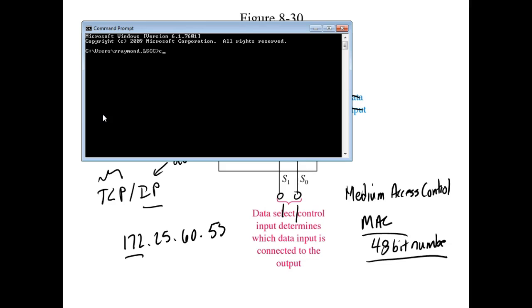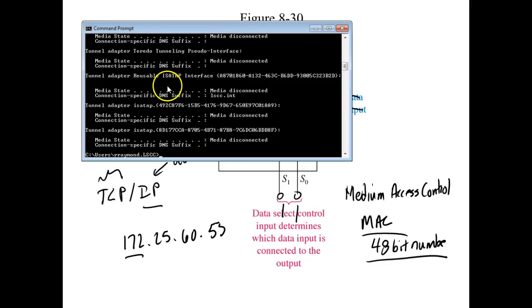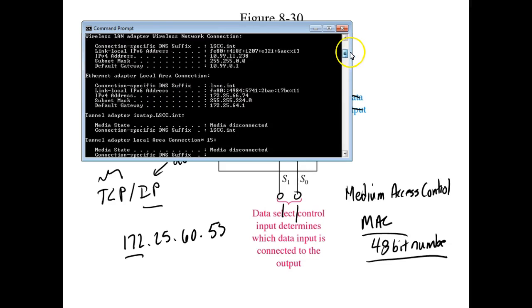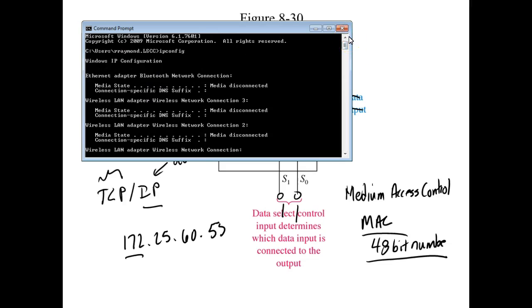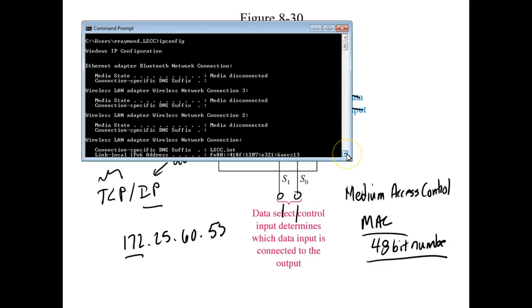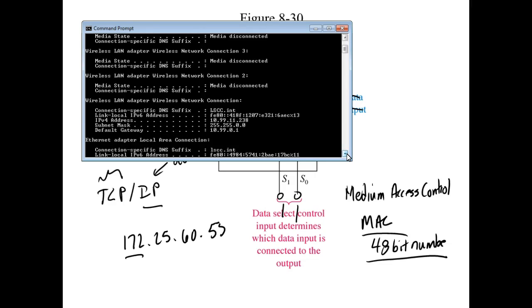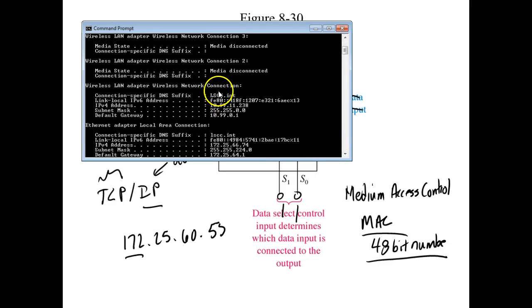So you can bring up DOS prompt and you can type in ipconfig, and this will bring up all the IP information about your networking. So disconnected. So here's the information. Here's the IPv6 address.